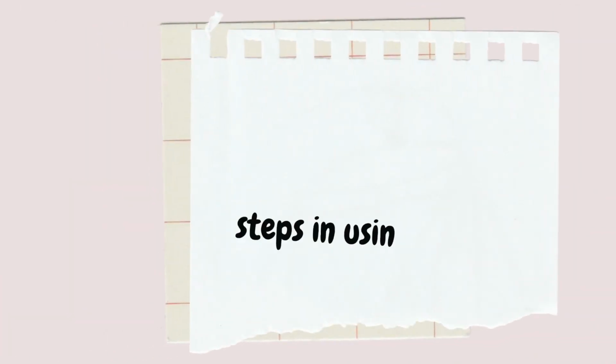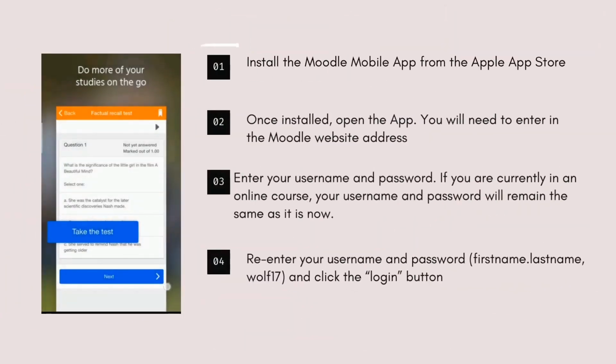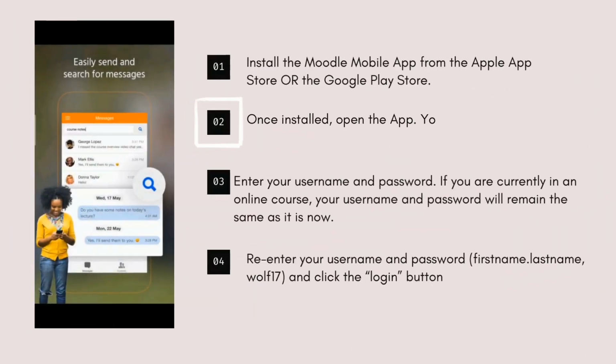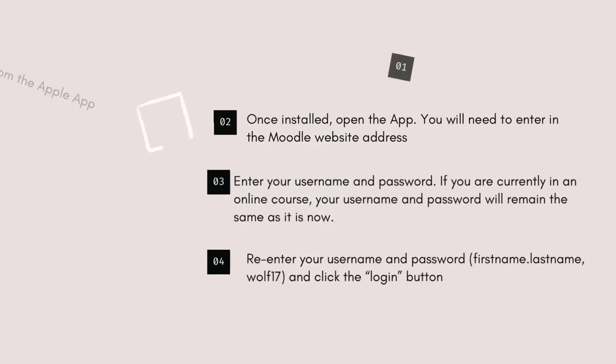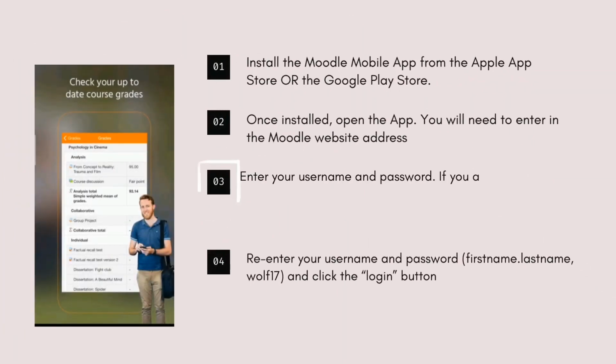Here are the steps on how to use the Moodle app. Step 1. Install the Moodle mobile app from the Apple App Store or the Google Play Store. Step 2. Once the app is installed, open the app and you will need to enter the Moodle website address. Step 3. Enter your username and password.